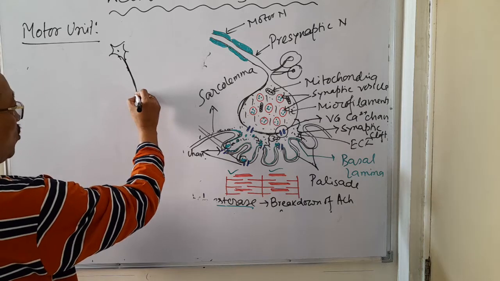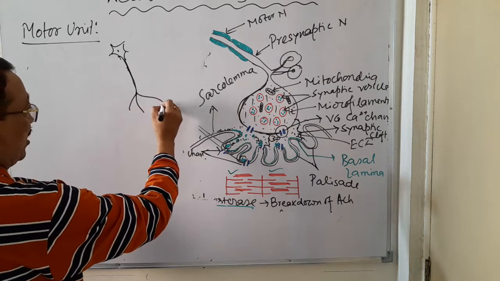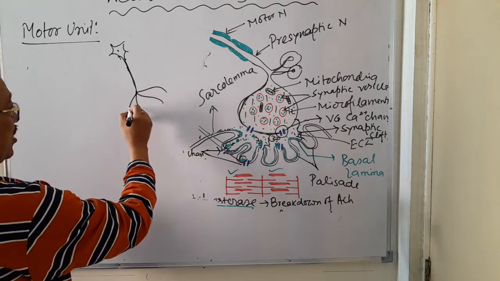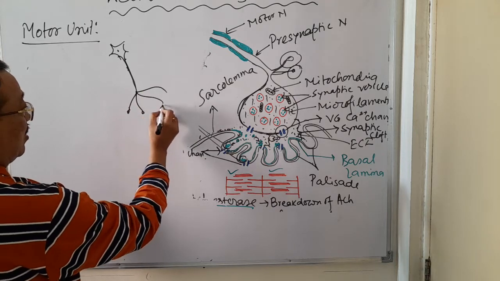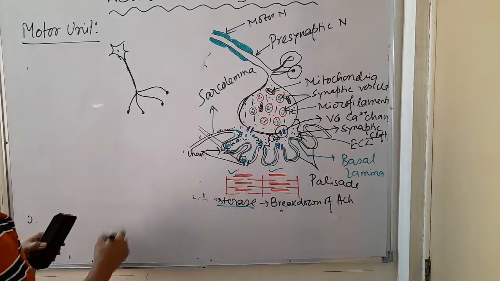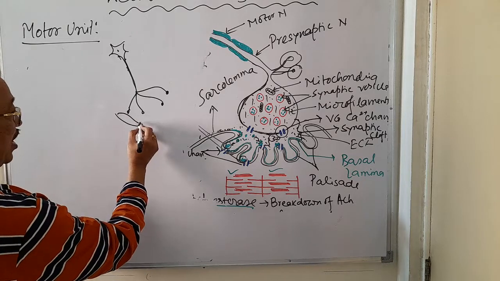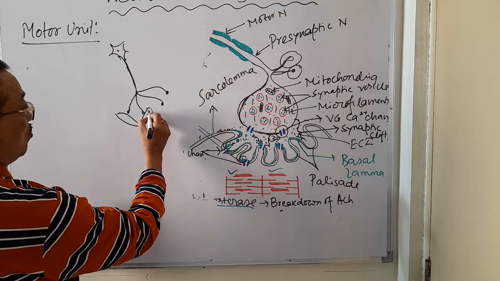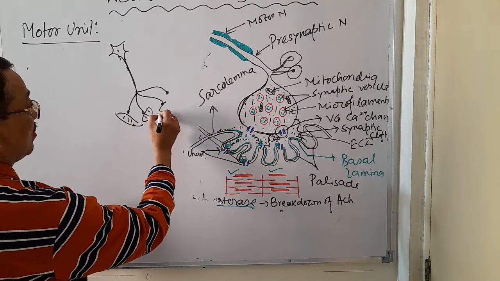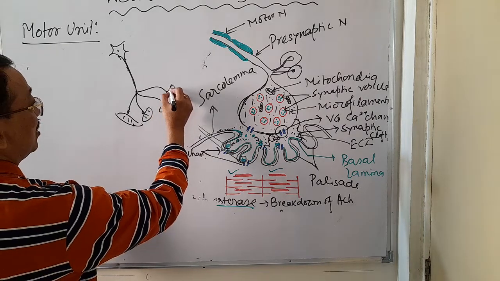Suppose this is a motor neuron which has got different synaptic terminals. Each of the synaptic terminals is innervated with the muscles.